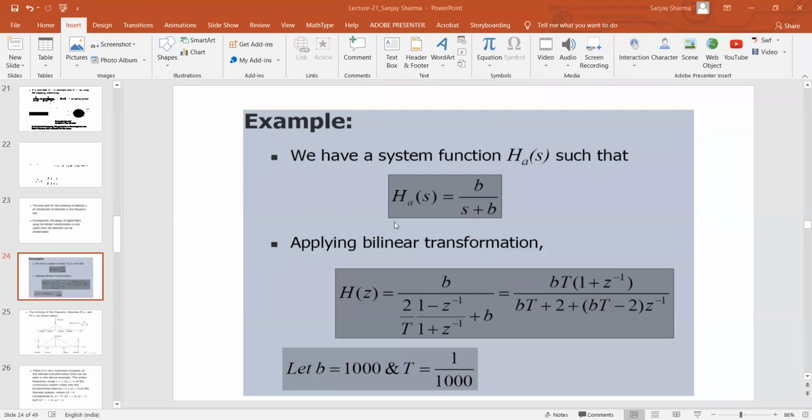I will also briefly discuss the impulse invariant method again, so that the correlation can be established with the bilinear transformation, and how aliasing is avoided, and how the two techniques are related to each other. So I finish my lecture here. Tomorrow I will be completing the bilinear transformation, and we will take more examples.